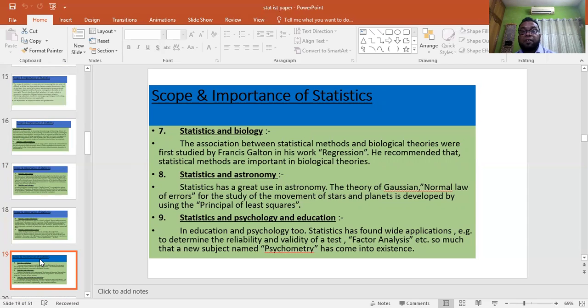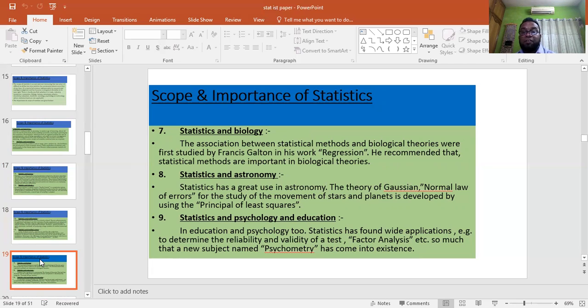Statistics and psychology and education. In psychology, there is so much research, so much data should be collected, so this is related to statistics.